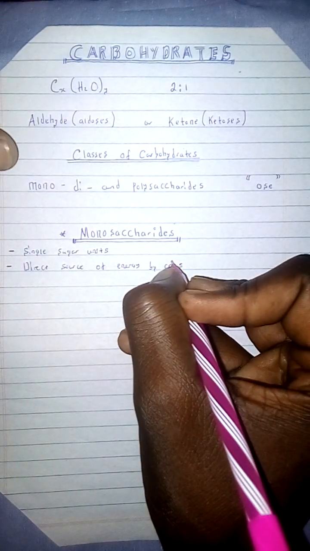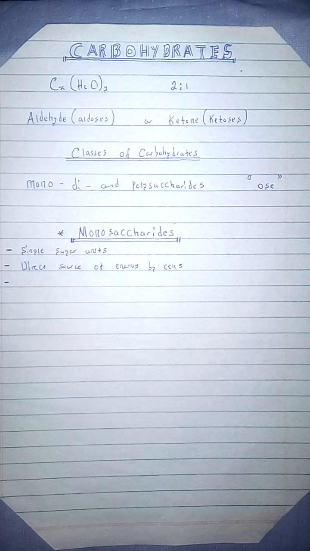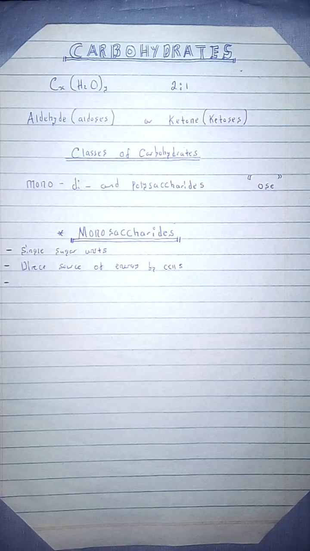We also need to take note that monosaccharides are classified according to the number of carbon atoms they have. The number of carbon atoms determines the class in which a certain monosaccharide will fall.